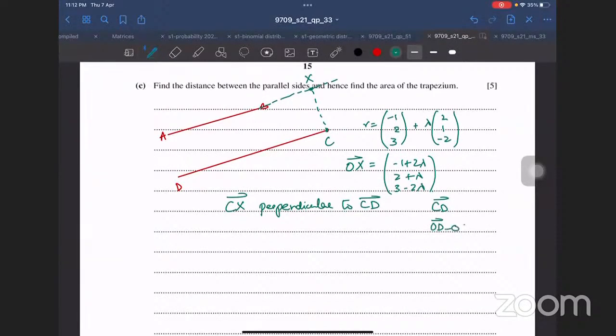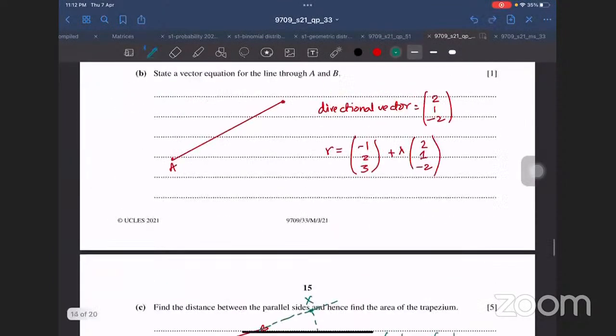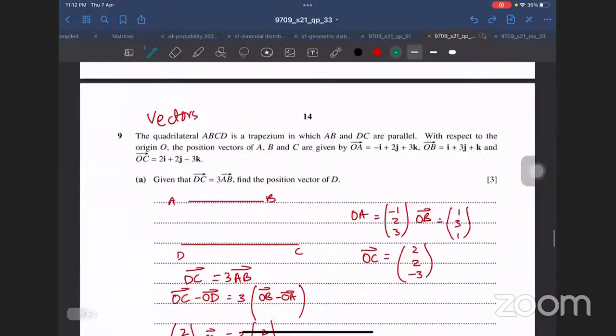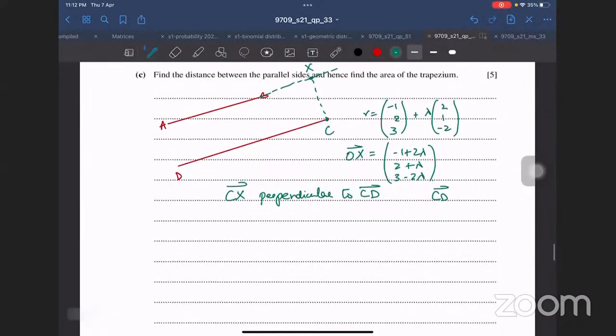OD minus OC, or I already have DC, I think. Let me just see that. I said DC is equal to 3 times AB. So I could do that directly. DC is 3 times AB, or CD is minus 3 times AB. So minus 3 times 2, 1 and minus 2 gives me minus 6, minus 3 and 6. So I can say that CX is perpendicular.